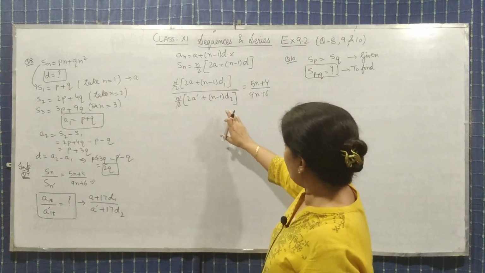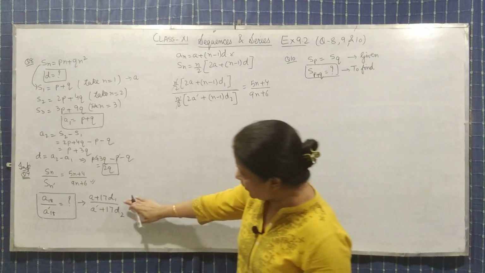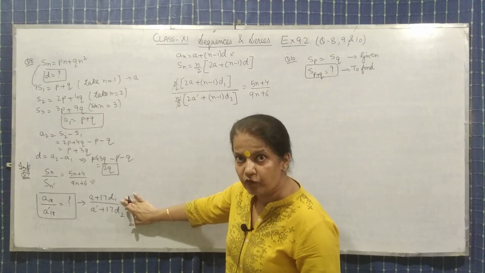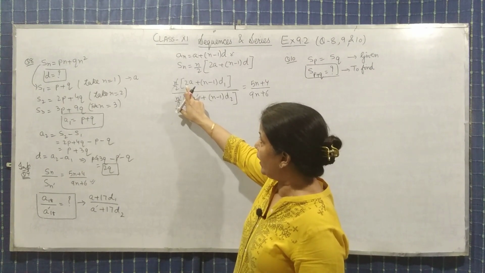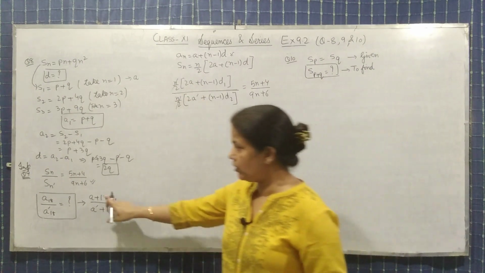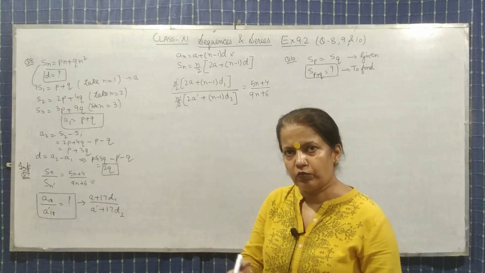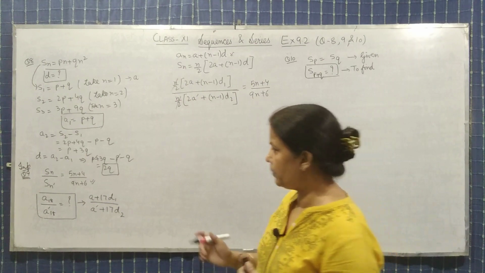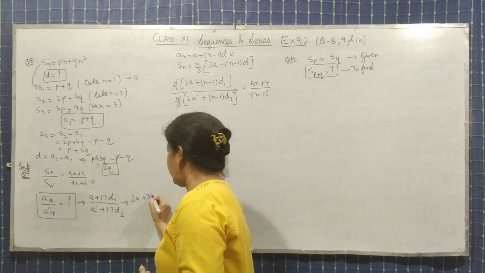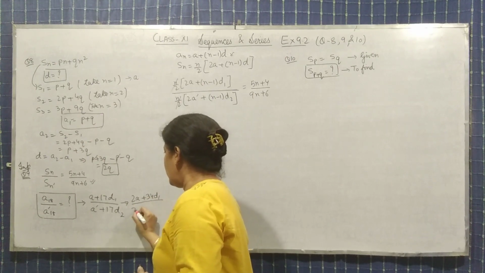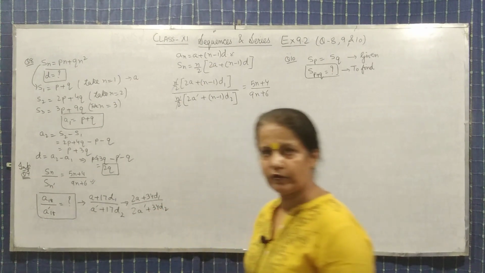Now here you get a 2 in the given part, and here it is only a. So what we will do is multiply by 2 on both sides, top and bottom. So we can rewrite it as (2a + 34d1) upon (2a' + 34d2). We can write it like this also.